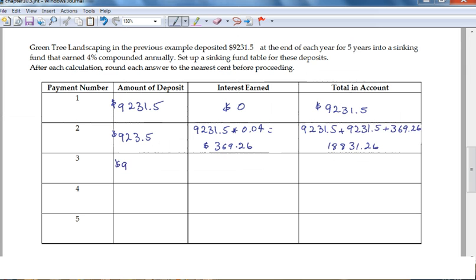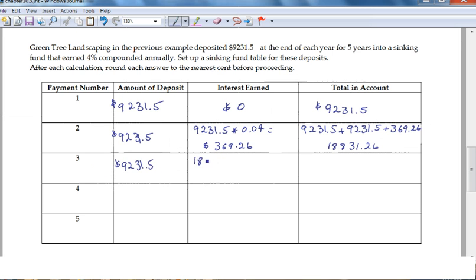We'll do the same thing. So the third year, at the end of the third year, they're going to deposit $9,231.50, but how much interest is earned is at the end of the third year. So at the end of the third year they will earn interest based on this amount, because the account has this amount until the end of the third year, then they deposit this amount again.